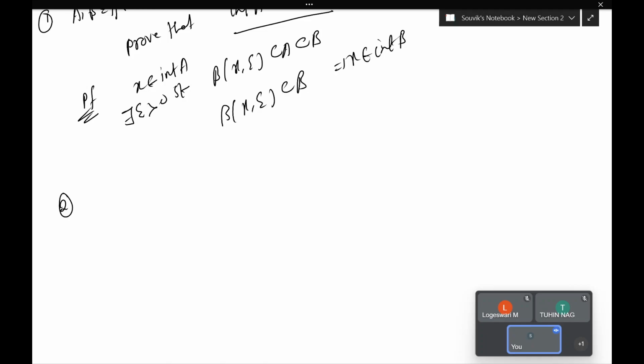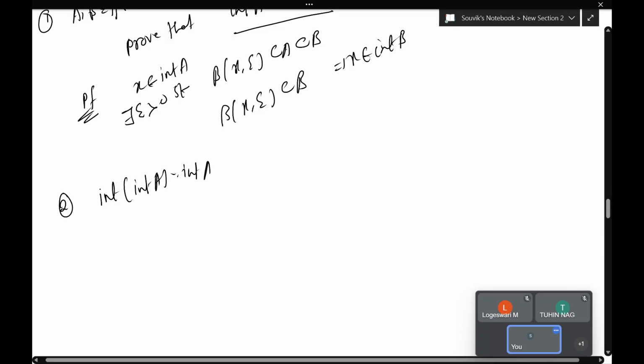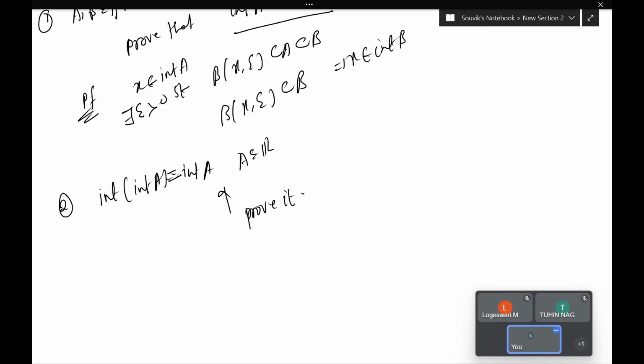And one other thing: show that the interior of the interior of A is equal to the interior of A, for any A a subset of R. Prove it. Can anybody prove this?